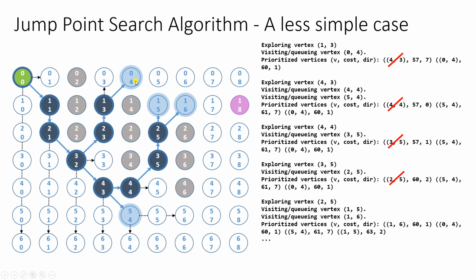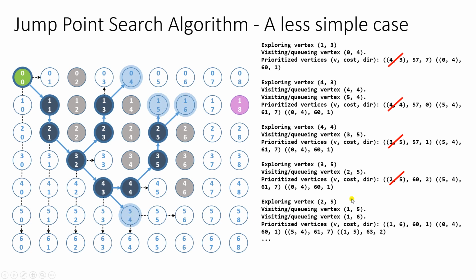We'll see in a moment, but for now, let's just remember that vertex 1, 5 is a jump point because it's next to an obstacle, and in theory it could turn left and connect to 0, 4. Okay, we have 1, 5, 1, 6, 0, 4 and 5, 4.